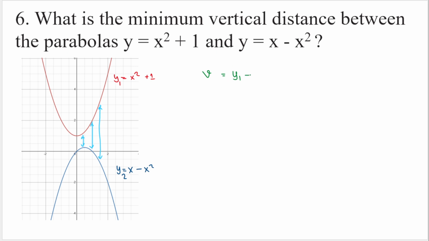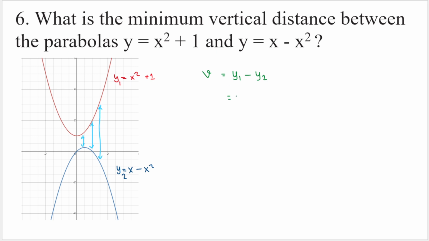So I will have minus y2. Usually when we are asked to find a minimum, we need to find it in one variable, right? But now we have two, this is y1 and this is y2. But then we can substitute each function and we get a function in the variable x, right?